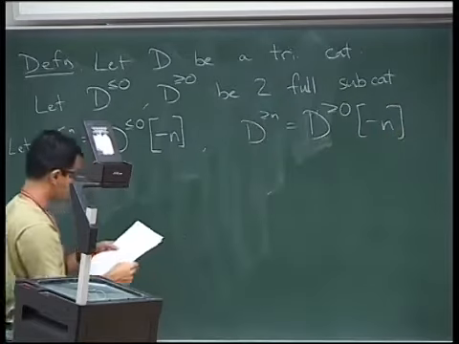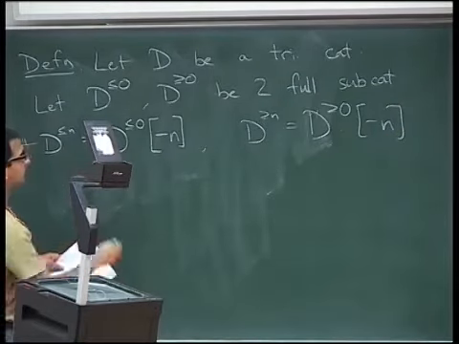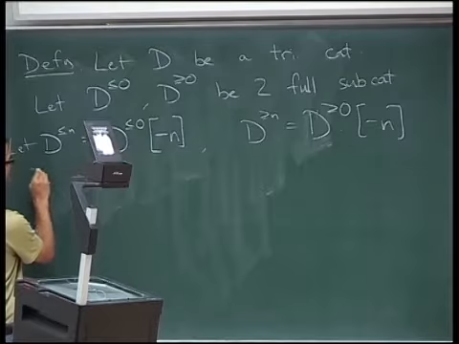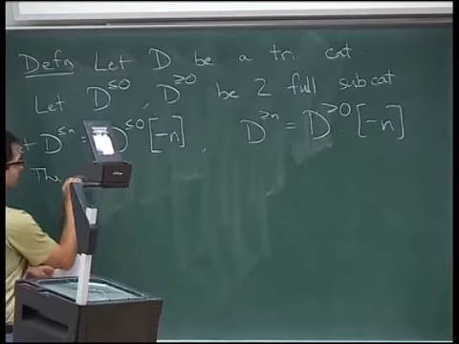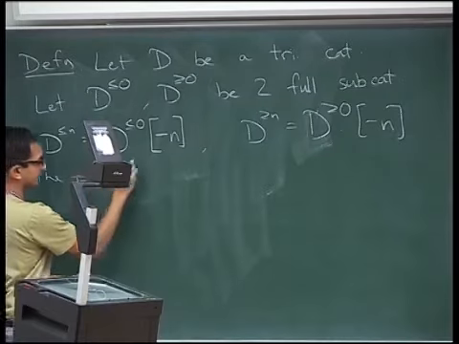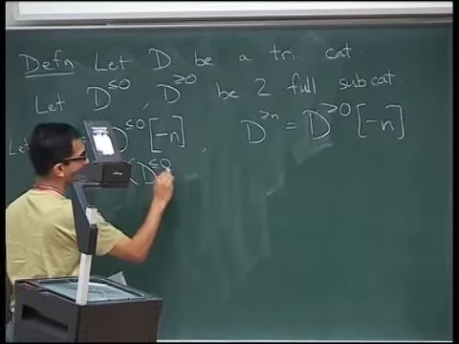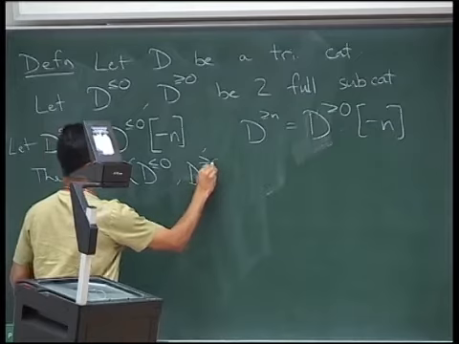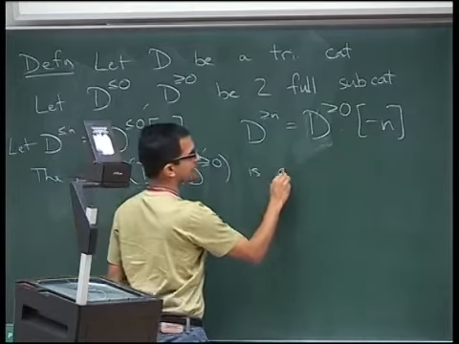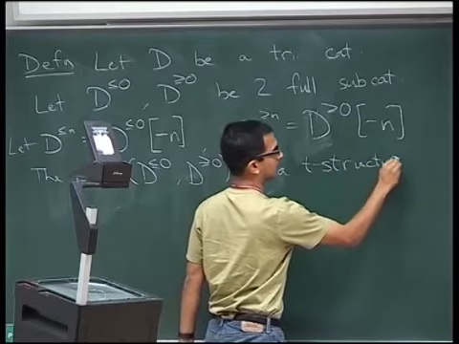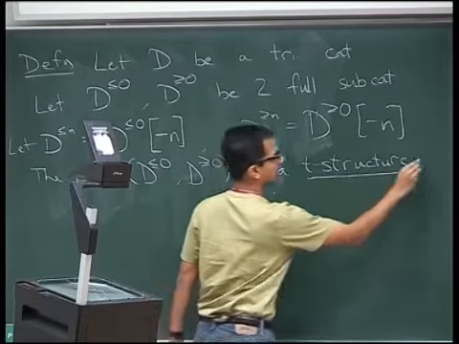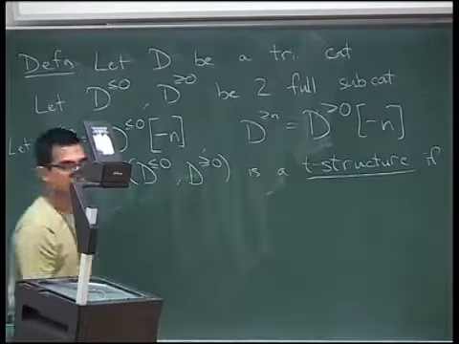Okay. So I'll go ahead and write down the definition, and then we'll look at a couple of examples. The given pair of categories, D less than or equal to 0 and D greater than or equal to 0, is called a t-structure if the following three axioms hold.